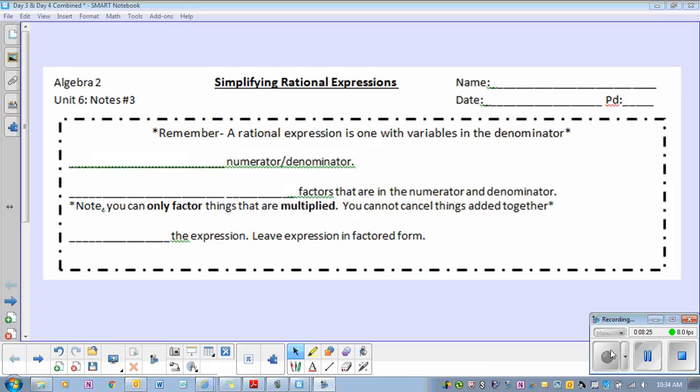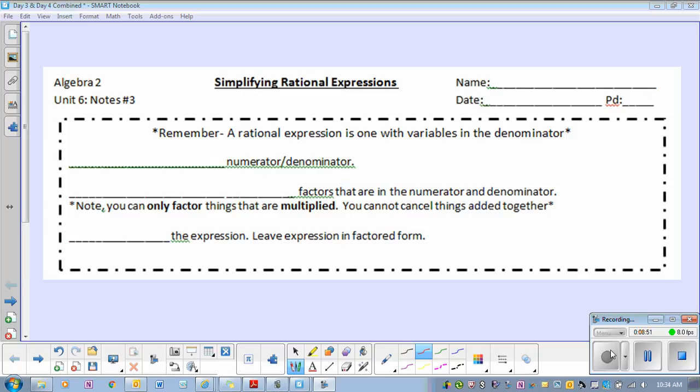I know, right? Alright, so today we're going to look at simplifying rational expressions, okay? Basically, with rational functions and these rational lessons, we're going to be doing a lot of factoring, okay? Remember, a rational expression is one with variables in the denominator.